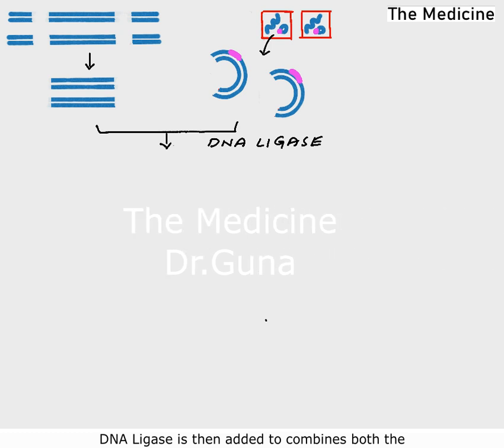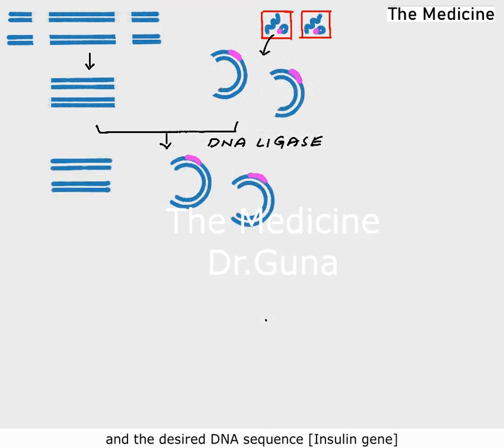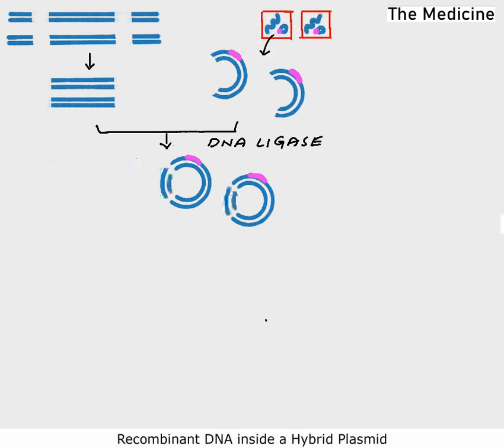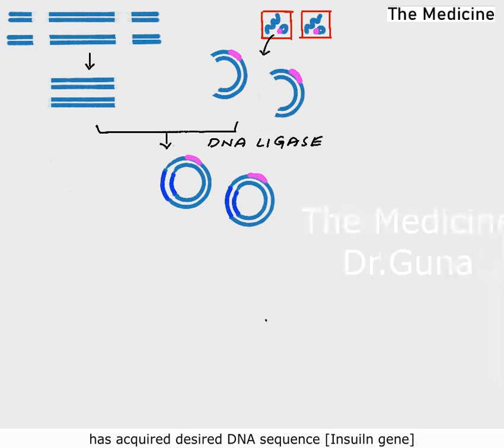DNA ligase is then added to combine both the cleaved plasmid with the antibiotic resistance gene and the desired DNA sequence, the insulin gene, which combine to form recombinant DNA inside a hybrid plasmid. Now the self-replicating plasmid with antibiotic resistance has acquired the desired DNA sequence, the insulin gene.